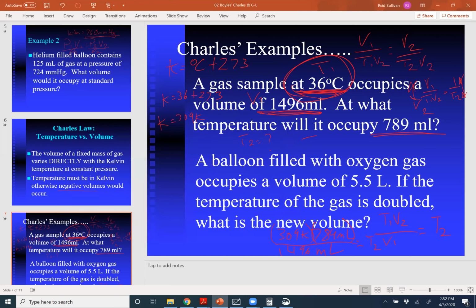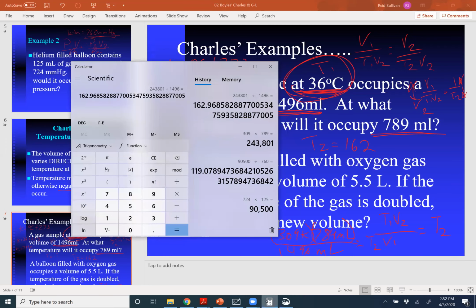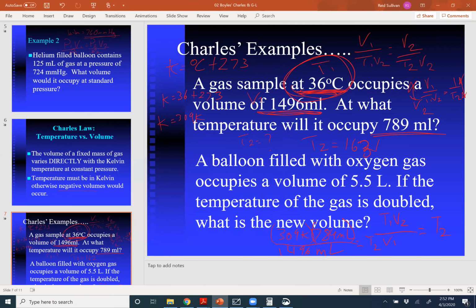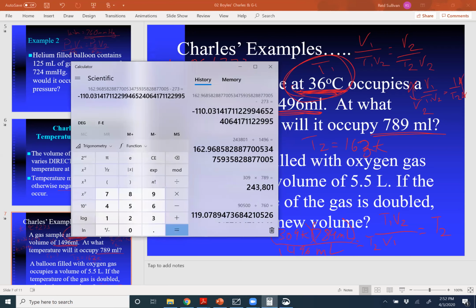And so temperature 2 is equal to 162, and we can just round it off. Yeah, 163 Kelvin. If we want to know what that is in Celsius, we just subtract, and we get the new temperature in Kelvin.